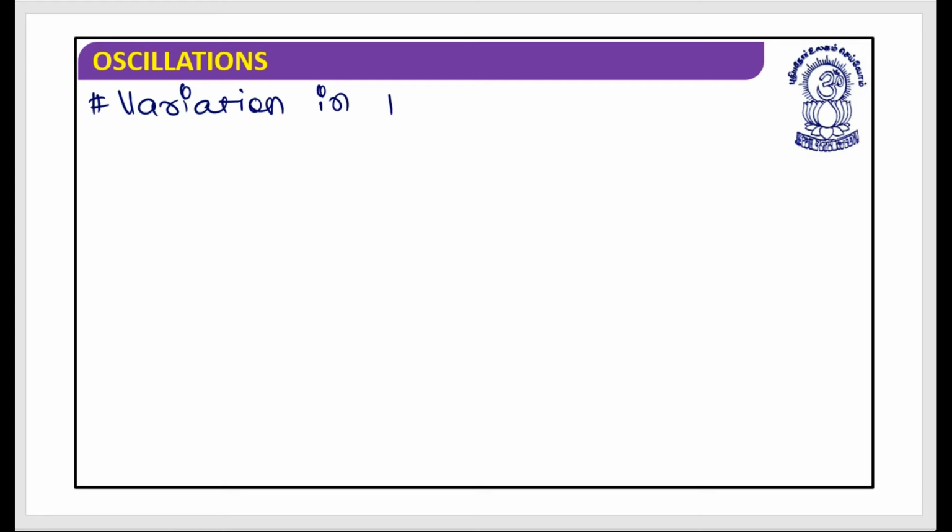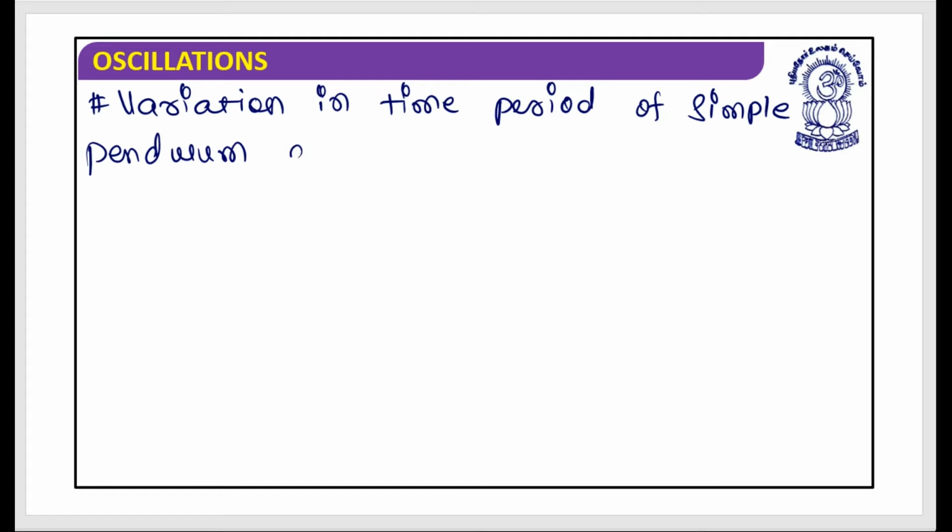Now let's see the variation in time period of simple pendulum due to change in its length.